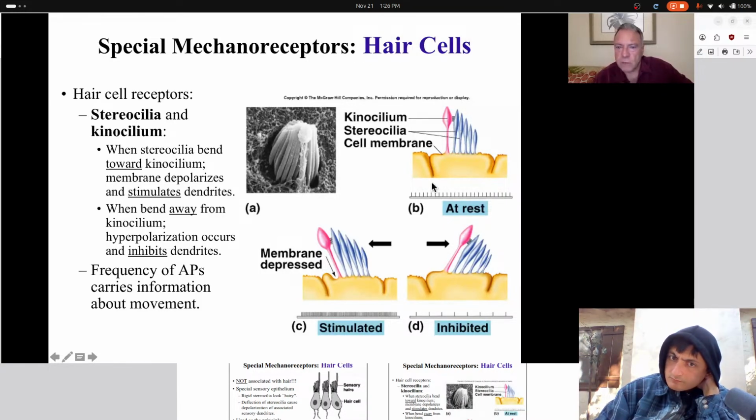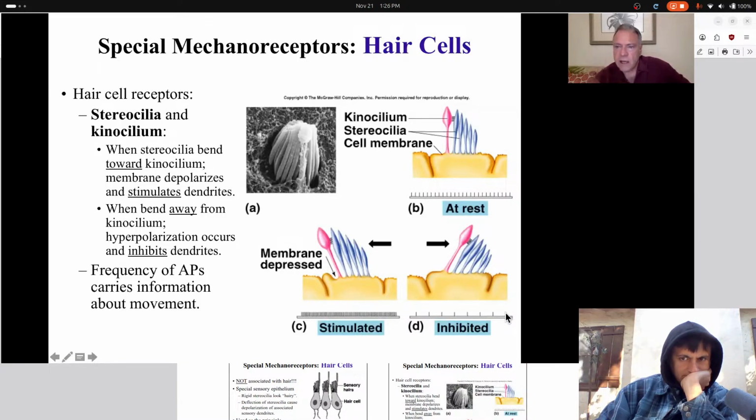And so the direction that they move, so there's this background firing rate. So under resting conditions, when they're not being stimulated, the neurons just every once in a while depolarize and fire. So that's the resting background firing rate. If you bend the stereocilia towards the kinocilia, you start creating generator potentials more often, and therefore you get a higher frequency of action potentials. If you bend in the other direction, you get less frequent action potentials.